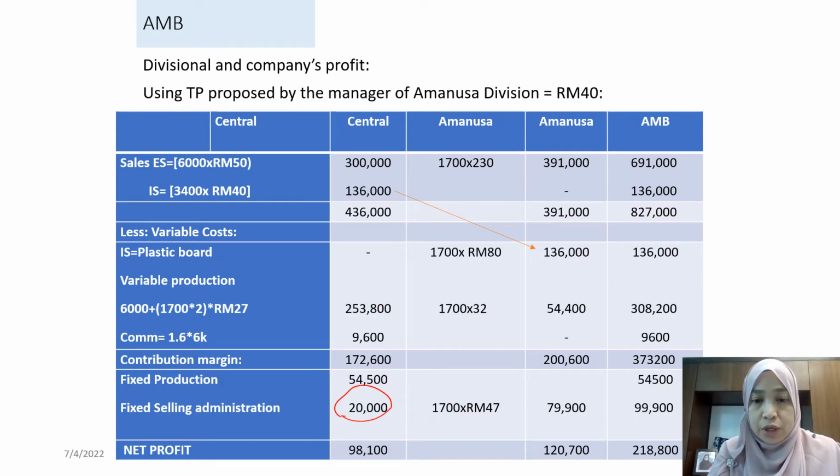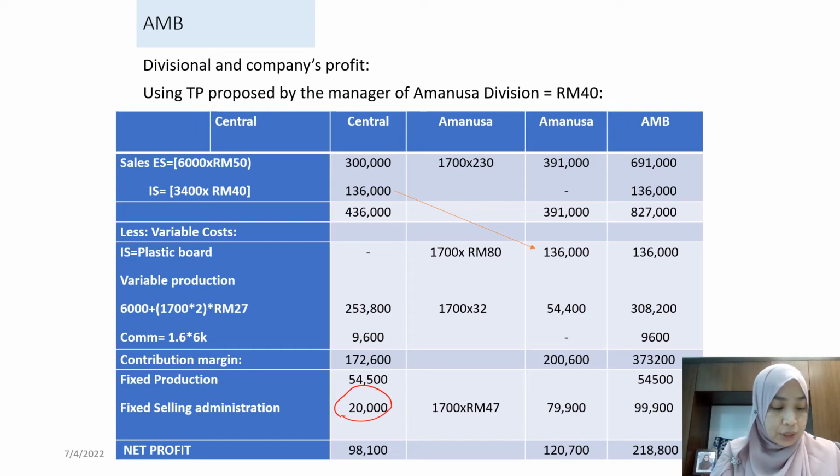For Amanusa division, they give us 47 ringgit fixed cost, so we multiply by 1,700. Finally we will get net profit for central division 98,100, Amanusa division 120,700, and AMB 218,800 ringgit. So the first requirement is complete.